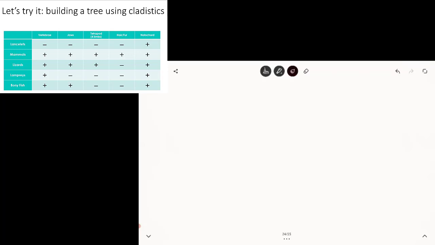But what group doesn't have any of the other traits that some of the other groups have? What group only has the notochord? The lancelets, right? So we can then say that here's the base of our tree. The first group to branch off would be the lancelets.